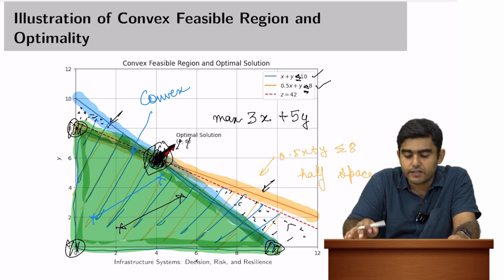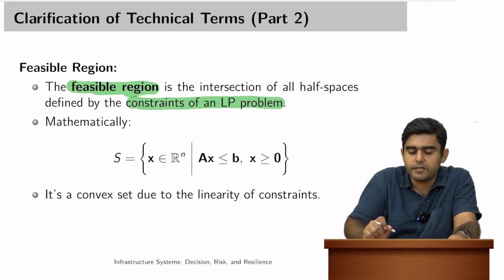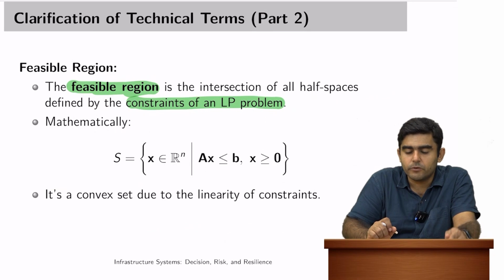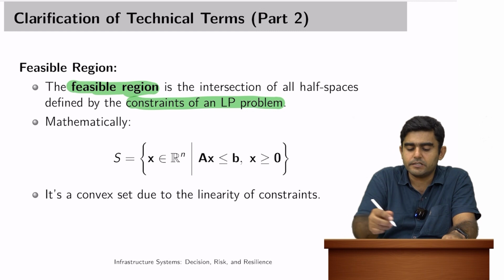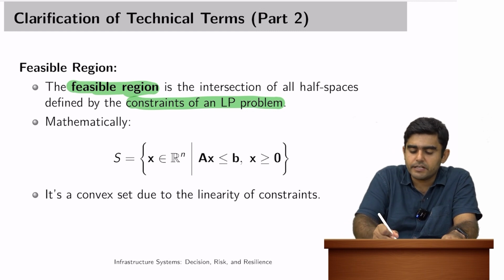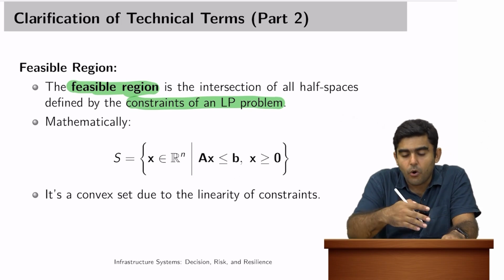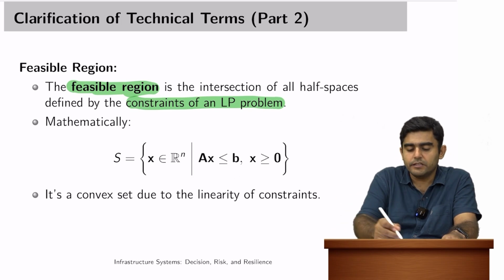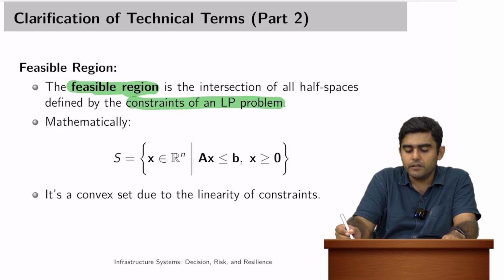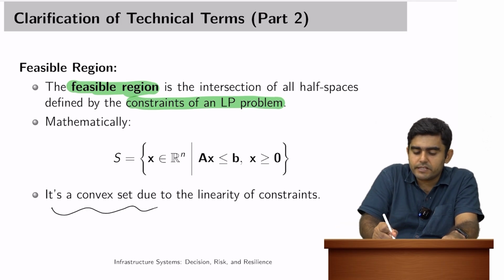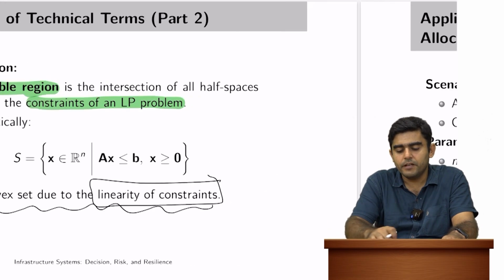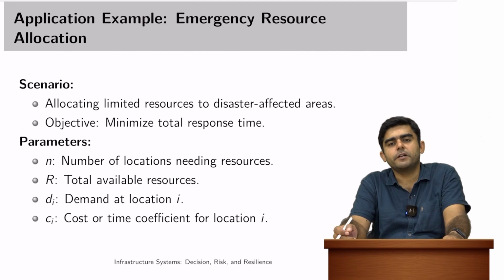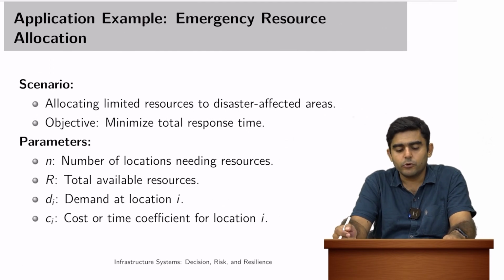But here I have to satisfy both these constraints simultaneously. So the feasible region would be the intersection of all half spaces defined by the constraints, and mathematically we can write it as any point that belongs to Ax less than or equal to b for all constraints. And it is a convex set when we talk about linear optimization problems, hence guaranteeing overlap between local optimality and global optimality.